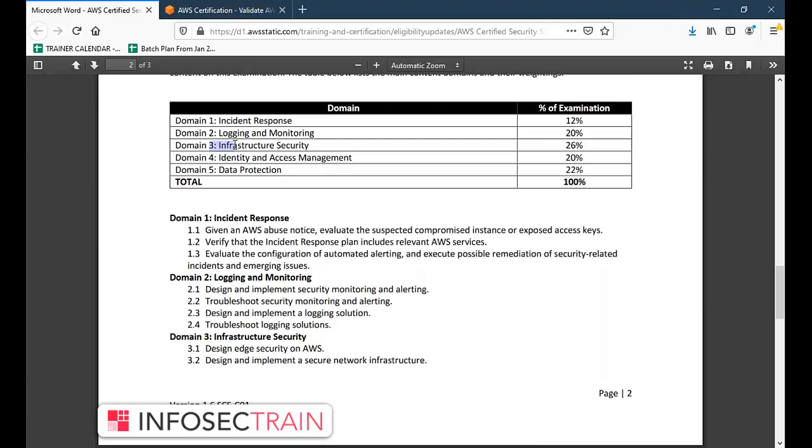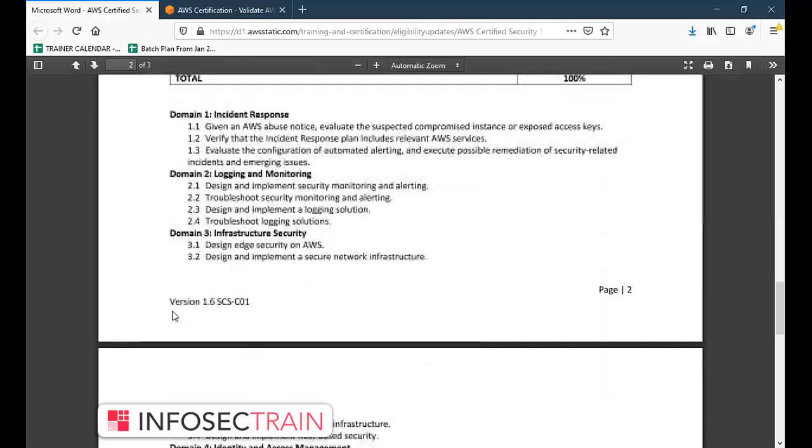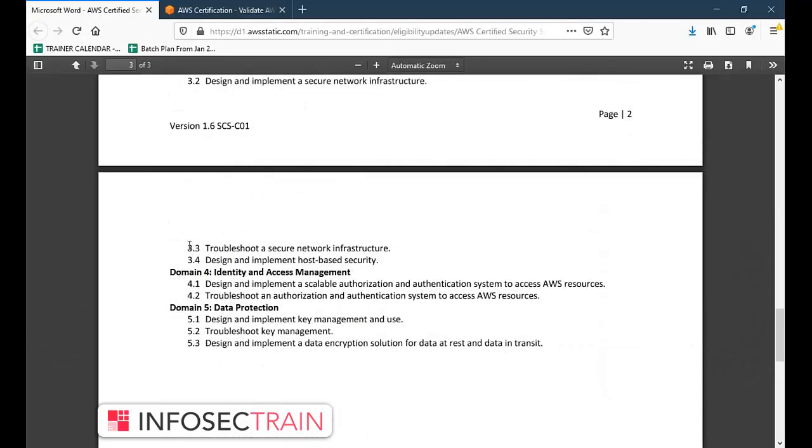Then you have to focus on domain 3, then domain 1 for the job perspective, not for the exam perspective. Because I'll tell you, just let me finish this. Yeah, 4, 2, 5, 1, 3, exactly. I have seen this when I consult a lot of companies. That's why I'm telling you in this order.